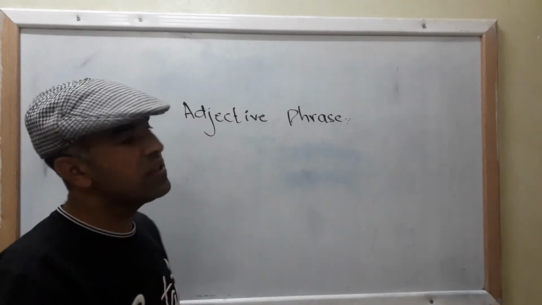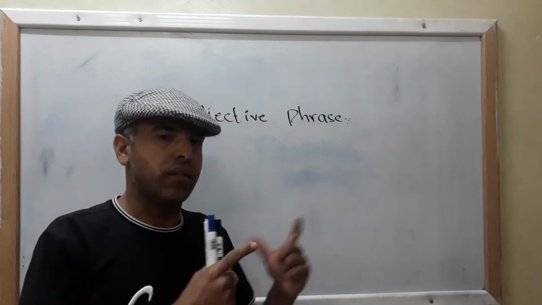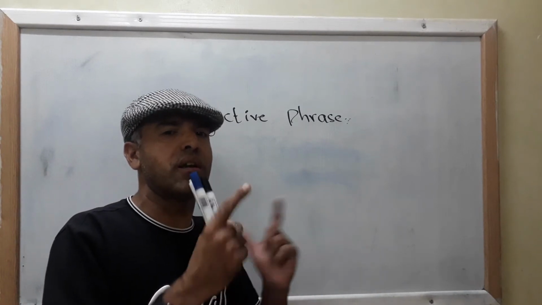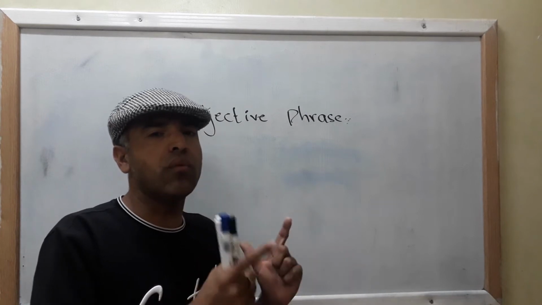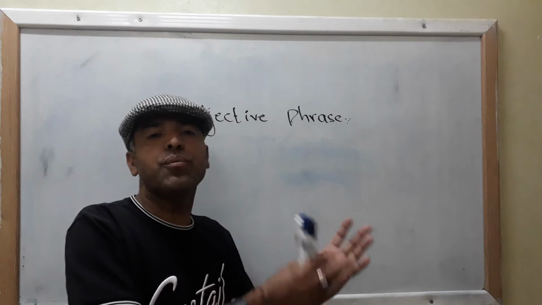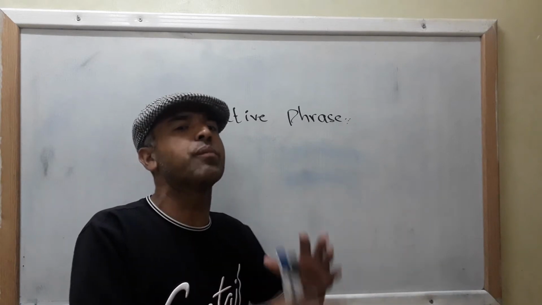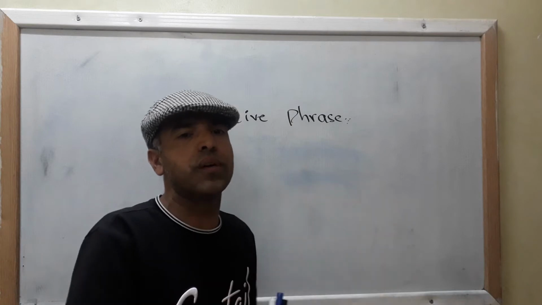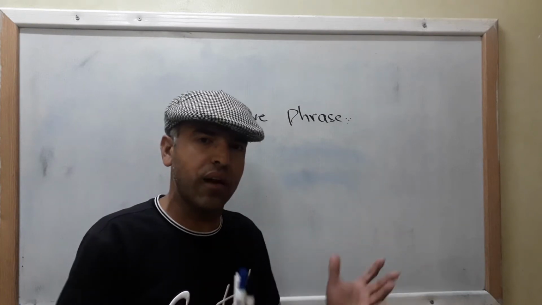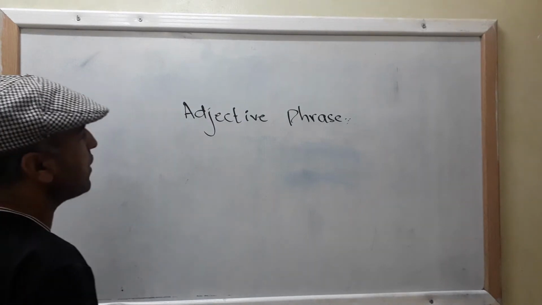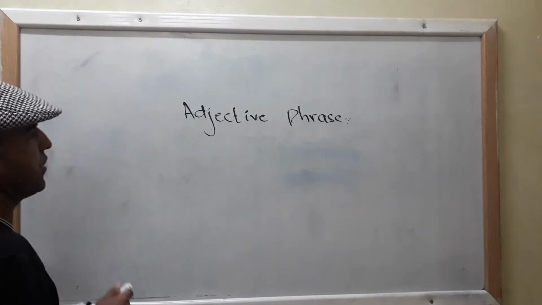If an adjective is the head word, that would be an adjective phrase. If it is telling you something or describing your noun or pronoun, definitely it would be an adjective phrase. If it is modifying your verb, your adjective or another adverb in a sentence, it would definitely be an adverb phrase. There is nothing difficult. So today we are going to learn about adjective phrase.